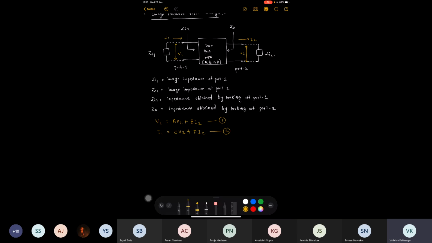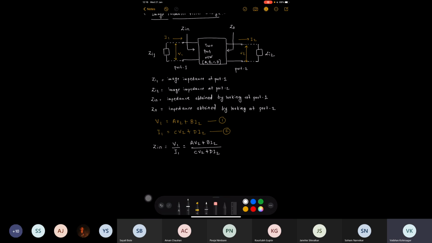And how can we express the input impedance Zin? Zin is nothing but the ratio of V1 divided by I1. So if we substitute the values of V1 and I1 from equations 1 and 2, we can write Zin = (AV2 + BI2) divided by (CV2 + DI2).